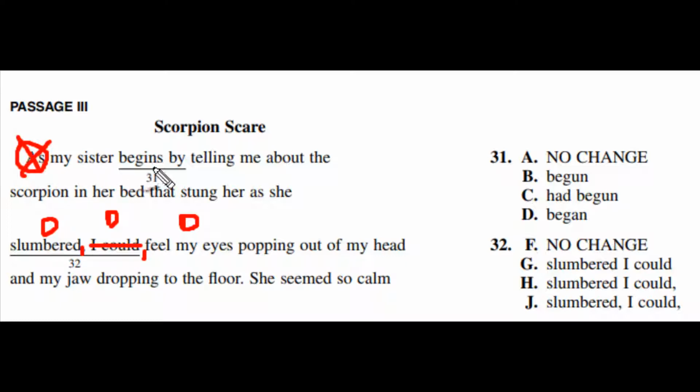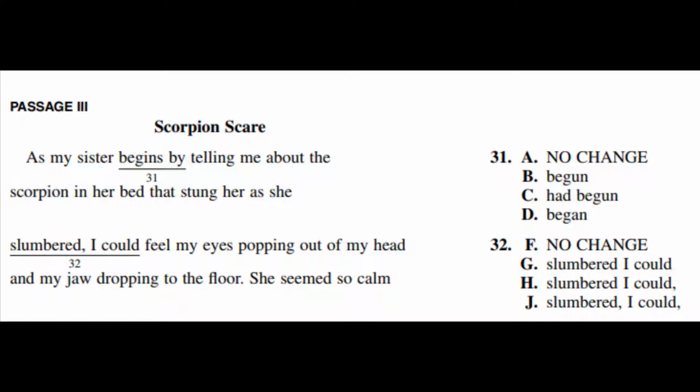As my sister began telling me about the scorpion in her bed that stung her as she slumbered, feel my eyes popping out of my head and my jaw dropping. You see that that makes that an independent clause violation. Those crossed out does not make that a complete sentence. I can cross out answer choice J as well, a violation of the Mr. Chung rule.